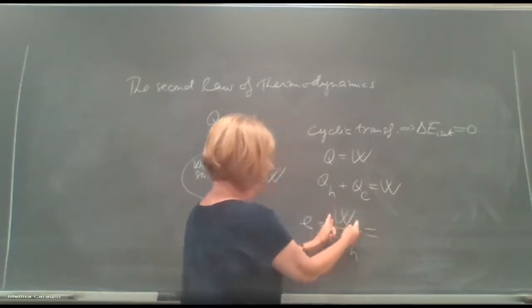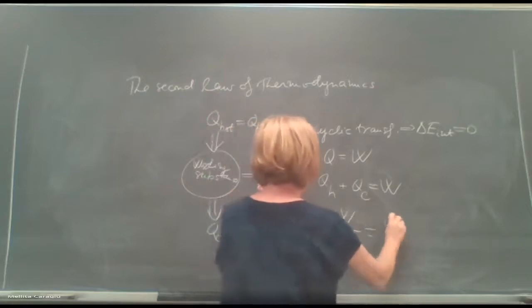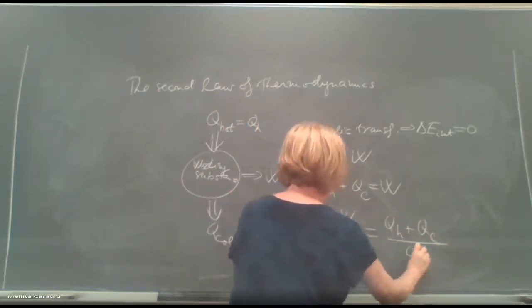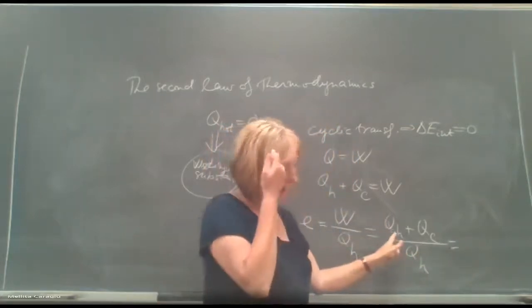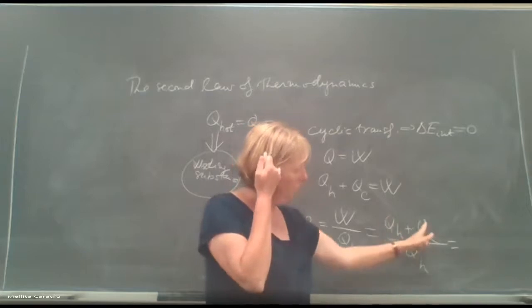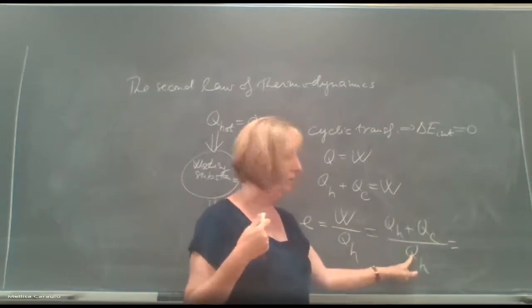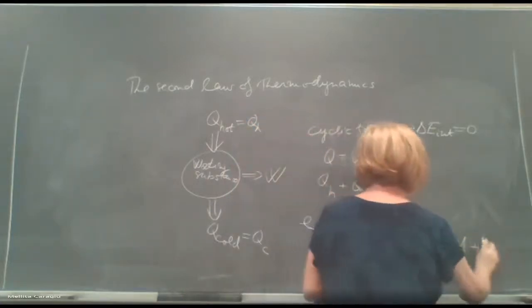Now, if instead of the work, I'm going to use Q hot plus Q cold, and everything divided by Q hot, and then I divide each term of the numerator by the denominator, I'll have Q hot over Q hot, which is 1, plus Q cold over Q hot.